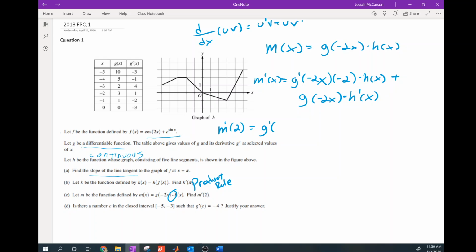So that's going to be g prime of -2 times 2 times -2 times h of 2 plus g of -2 times 2 times h prime of 2. That's a lot of crazy stuff going on there, so make sure you're watching your signs, alright?